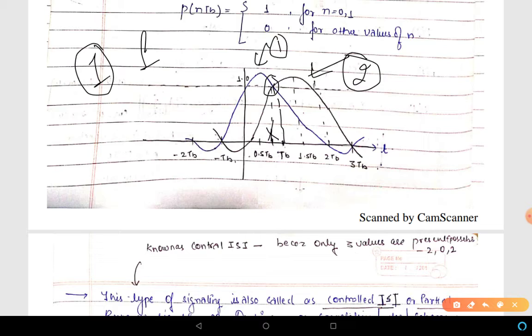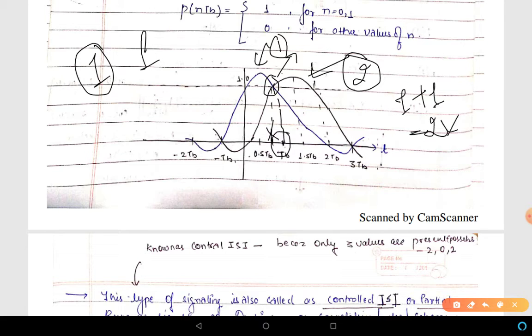In that case, you may ask whether there is again an interference. Yes, there is an interference between two pulses, and this interference has been introduced intentionally to reduce the bandwidth. You may ask, when there is an interference especially at sampling instant TB, you can see this is an interference, and at this point 1 plus 1 has become 2 volt.